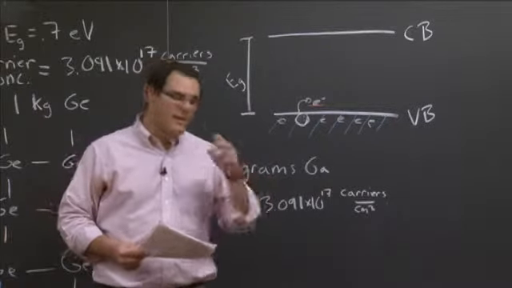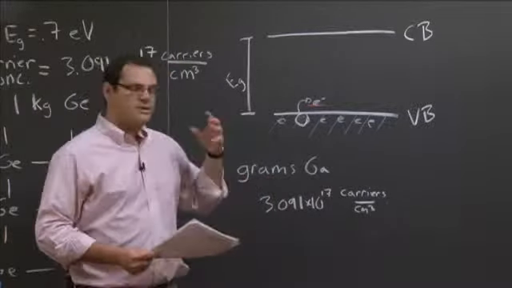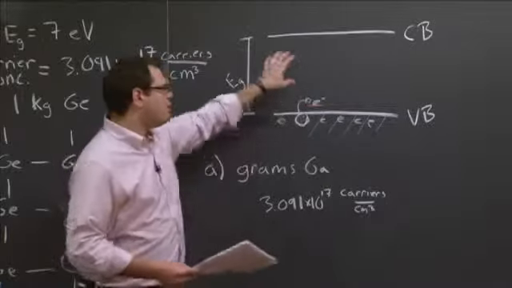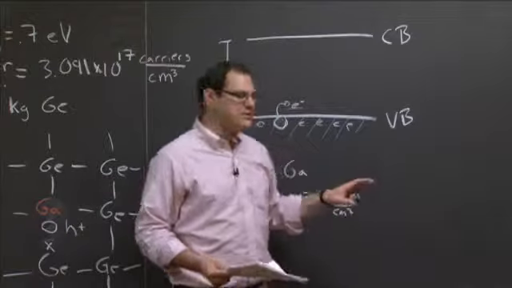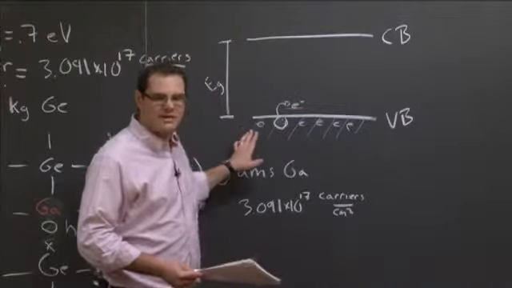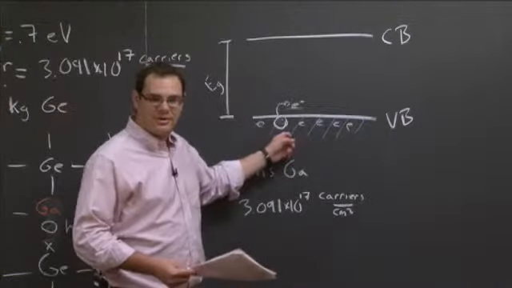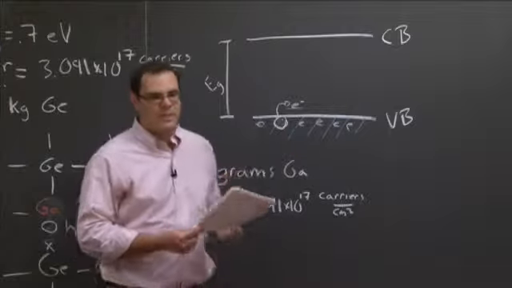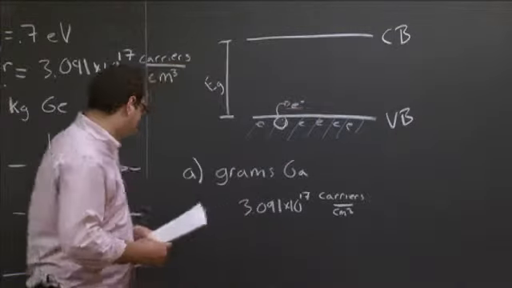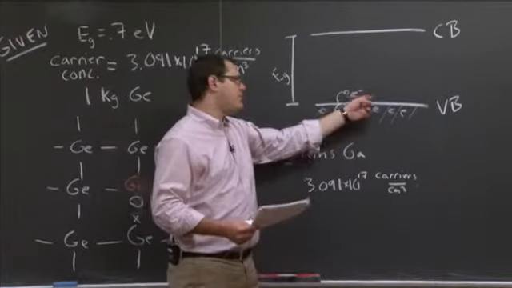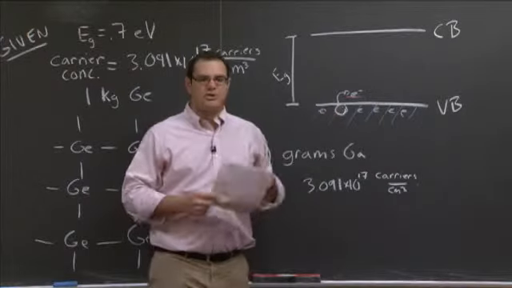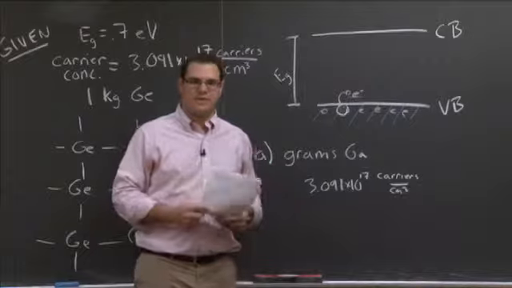And why do I say that? Because conduction is either the movement of electrons in the conduction band, which we don't have, or it's the movement of holes in the valence band, which we now have. So for every gallium atom we put in, we're creating an acceptor level, which takes an electron up, which creates some conduction in the valence band.